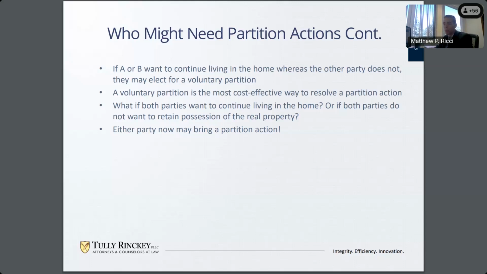They'll argue over other types of things that may be just irrelevant to a partition action. Personal belongings, kids, pets, cars. So really navigating these situations is also a lot of times just about client control. It's about just letting them know that really a partition action is focused on the subject real property. Court is not focused on other types of things, personal belongings, kids, etc.